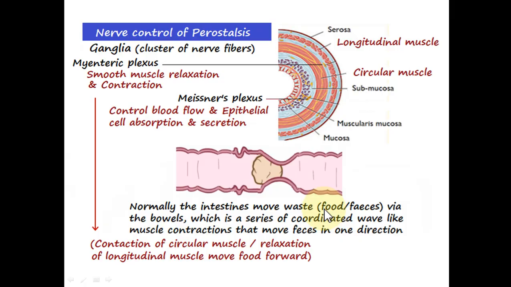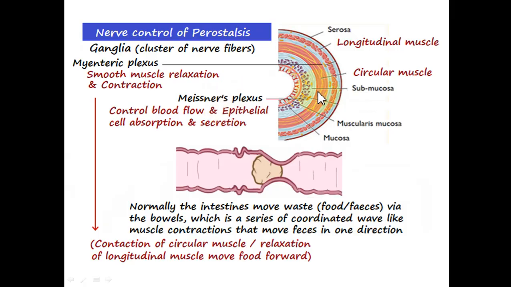Now, before we go further to discuss Hirschsprung disease, let us have a brief look at the normal intestine and normal peristalsis and normal movement of the food and fecal matter through the intestine.